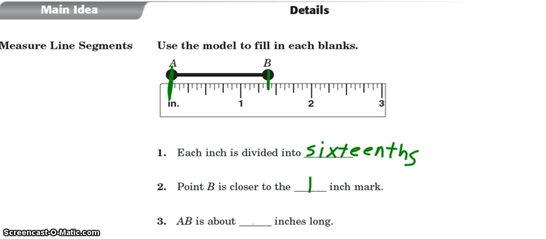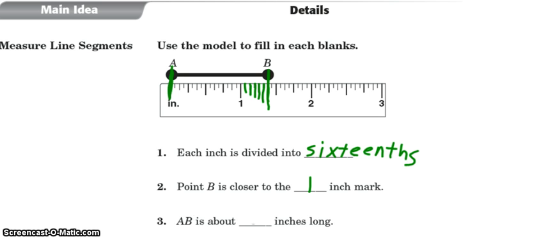So we always look to the left and see, alright, this amount covers 1 inch, and now how many tick marks, how many 16ths does this cover? So we have 1/16, 2/16, 3/16, 4/16, 5/16, 6/16.